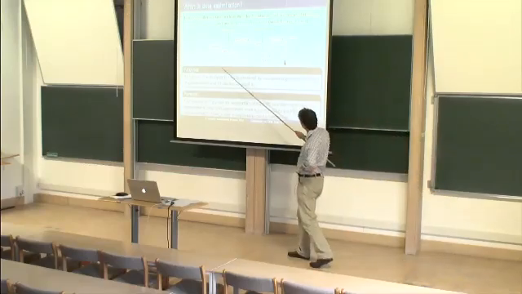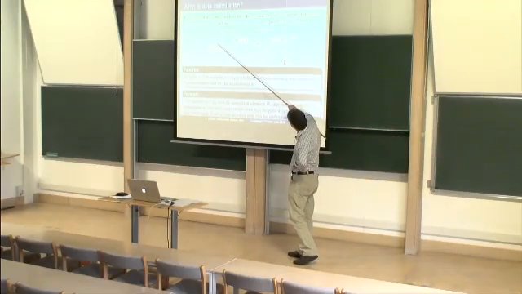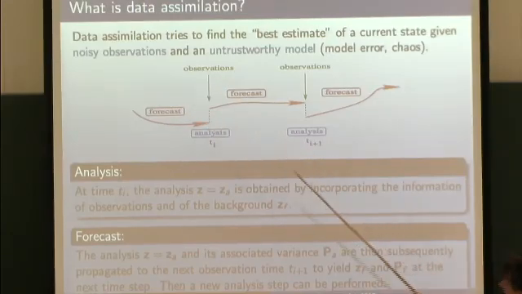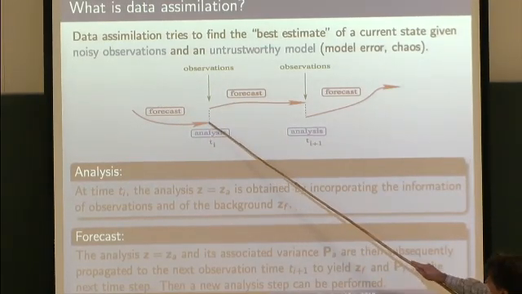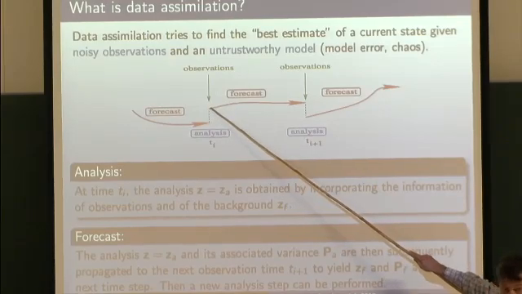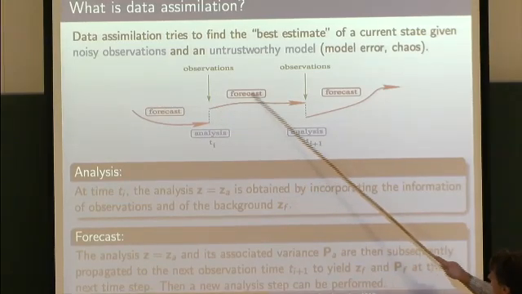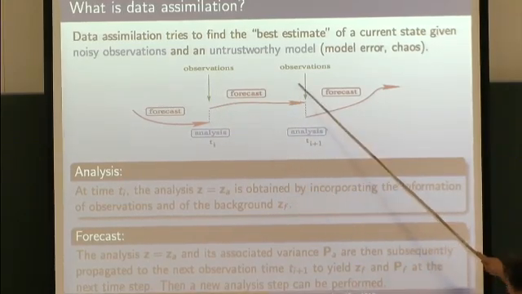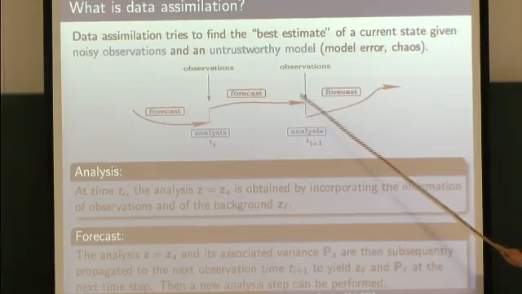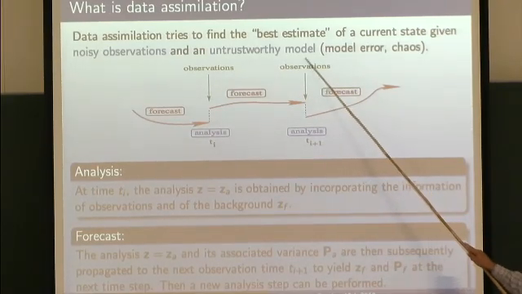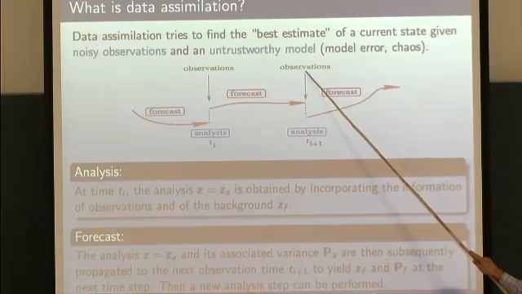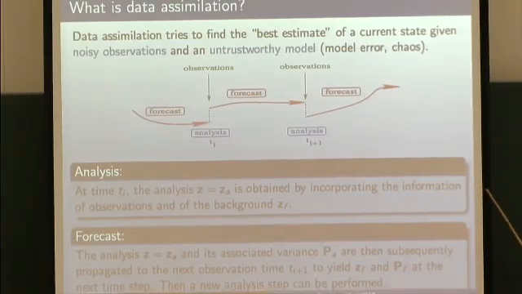The analysis is obtained by incorporating forecasts and observations and their associated errors. Then this analysis is taken as a new initial condition for our next forecast. Then again, we get an error covariance and a new estimate, and we combine it with another observation that comes in, produce a new analysis, and so forth.